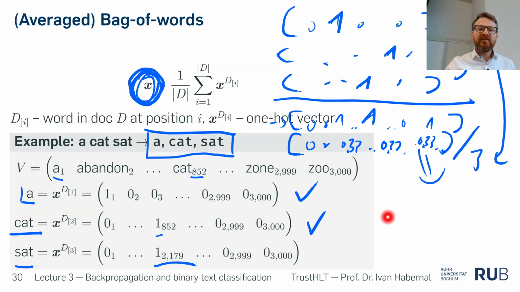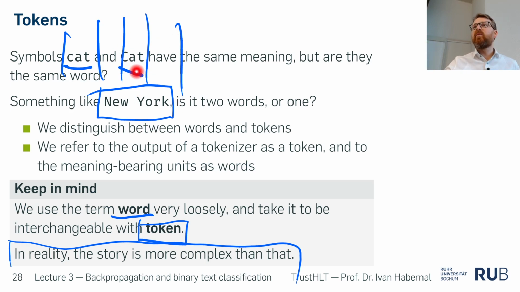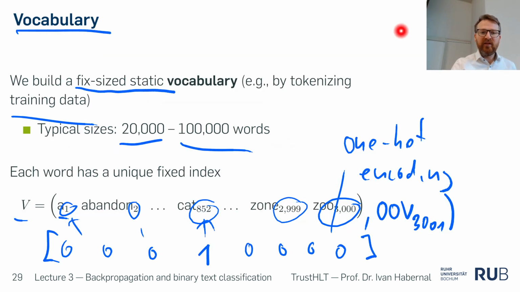Okay, let's come back to why we are doing this. Here we were saying first, we tokenize by splitting at white space. And we saw that now we have words which are not in the vocabulary. Here the vocabulary consists of actual words.